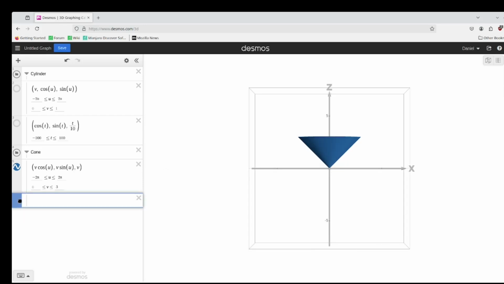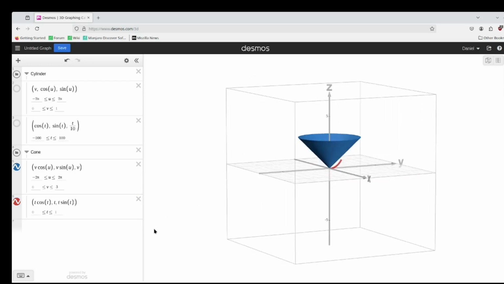What would that look like? We still have t cosine of t, because nothing about that has changed, but our new vertical axis is z. So that would be t in the y-axis, since that's the depth, and for z, that would be t cosine of t, t sine of t.